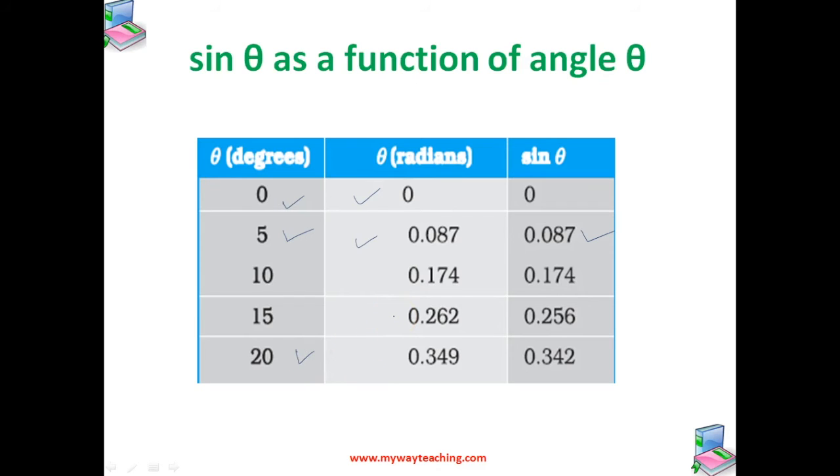From this table it can be seen that for theta as large as 20 degrees, sin theta is nearly the same as theta expressed in radians. It is almost the same, these two values are almost the same.